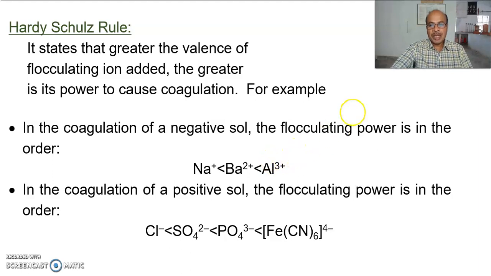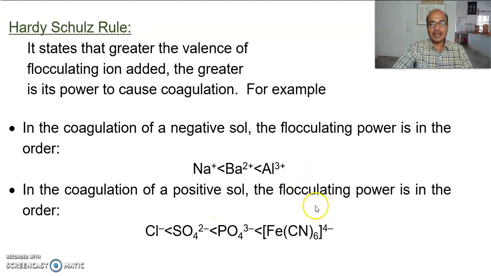So the flocculating or coagulating power will be higher if the charge is higher. The coagulating power of the sodium ion is less than that of the barium ion, which itself is less than that of the aluminum ion, because the aluminum ion valency is 3, that is charge is 3 plus, hence it has the highest flocculating power.